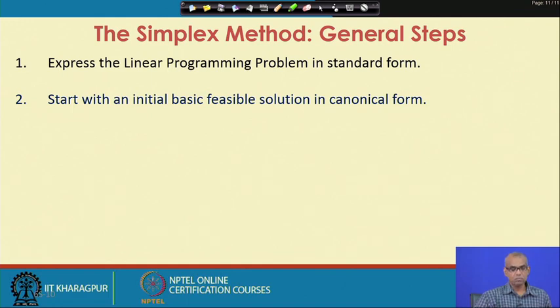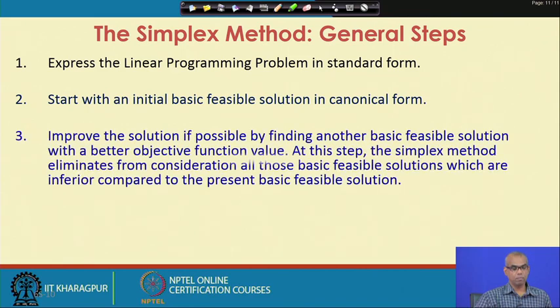By standard form, all the constraints will be equality type, and the decision variables and the right hand side vector will be non-negative. After expressing the linear programming problem in standard form, we start with an initial basic feasible solution in canonical form.